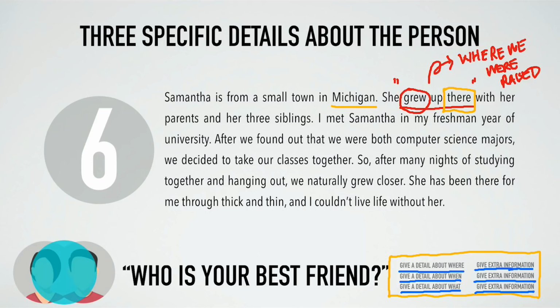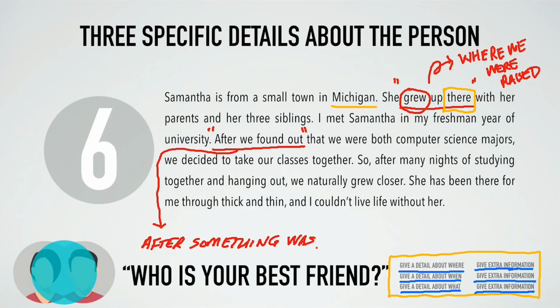All right, so the pattern we want to look at is after we found out ... Okay, so this simply means after something was realized, usually not on purpose, okay? By accident. For example, after I found out that he liked me, I decided to give him my phone number, okay?